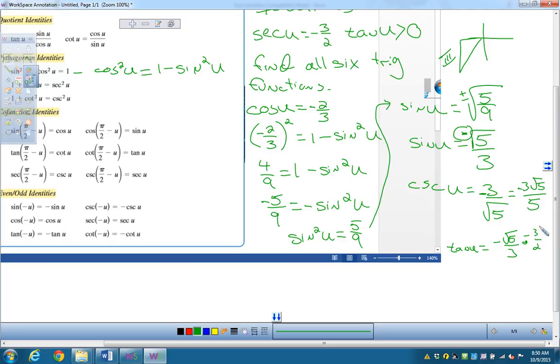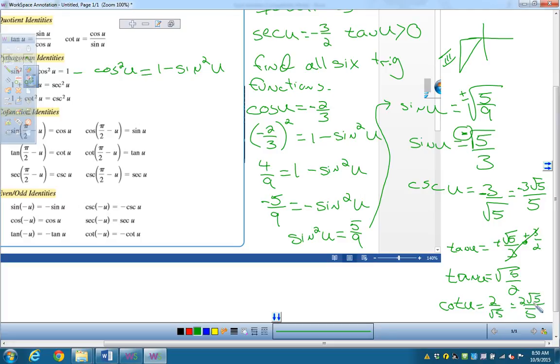The negatives go away and the 3's go away, and I get tangent u is equal to root 5 over 2. And then cotangent would be the reciprocal of that: 2 over root 5, which rationalizes to 2 root 5 over 5.